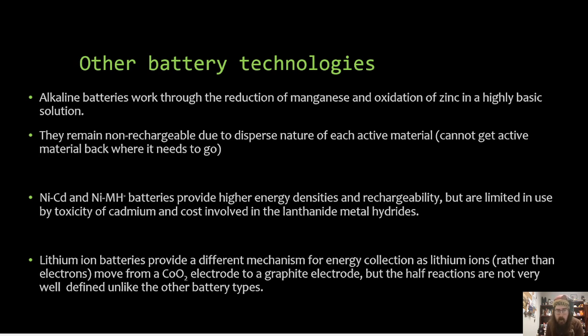We have a copper oxide electrode and a graphite electrode, basically a carbon-based electrode. But as I said, the half reactions of these guys are not as well defined, not as well understood. We know it works, but it's not easy to just put it down in a chemical formula.